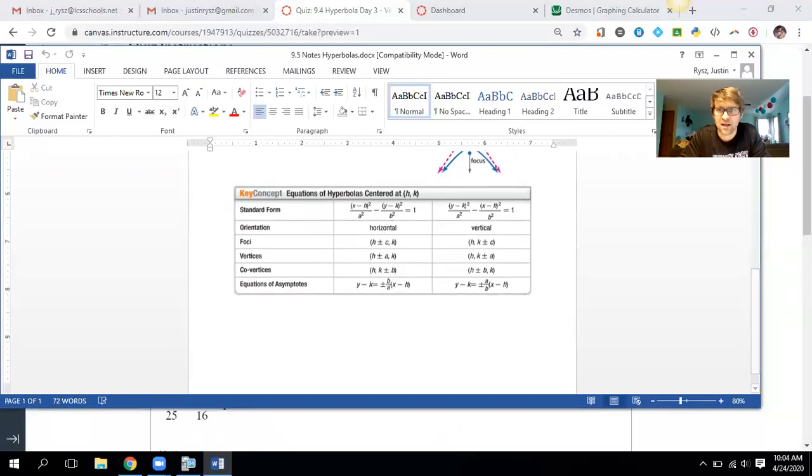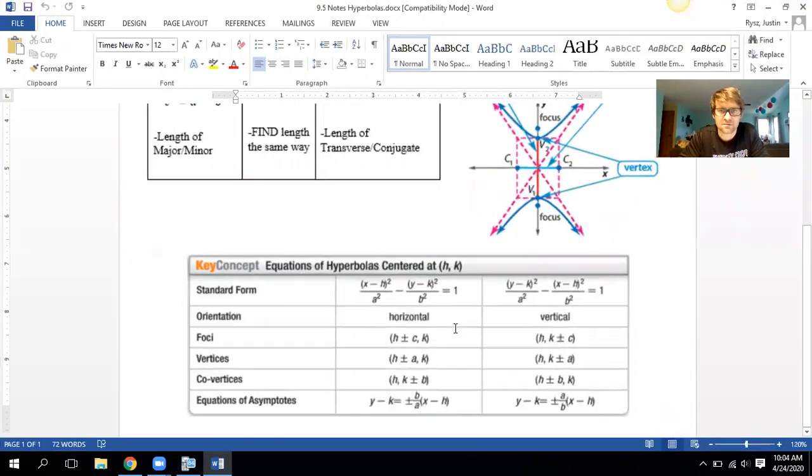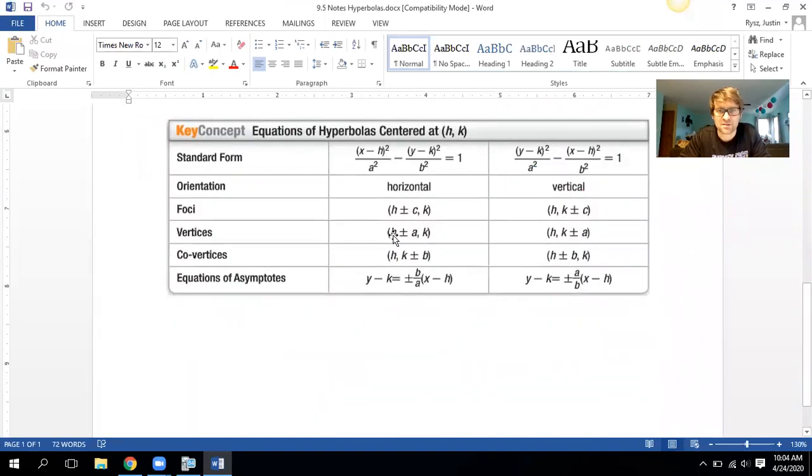We're going to look at this part here. We have a horizontal, and our vertices are found at (h plus or minus a, k), where h is the number next to the x, k is the number next to the y, a is the square root of the number underneath the x when it's horizontal, and b is the square root of the number underneath the y.